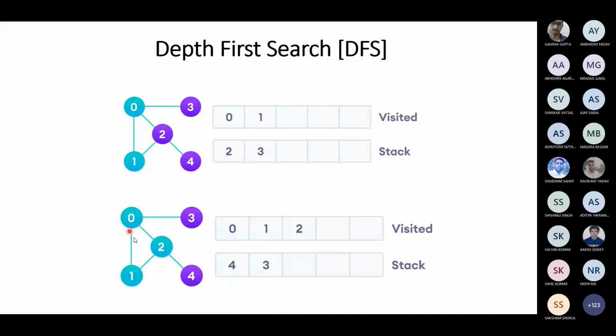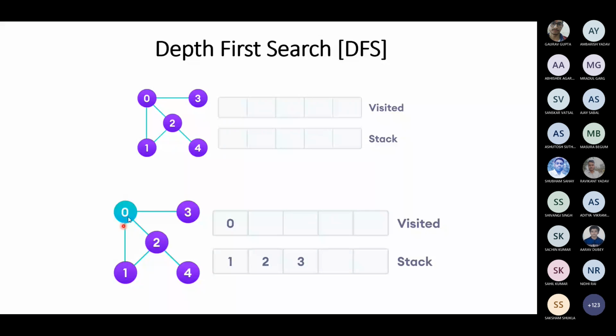Whenever you are visiting a node, you push the node's edges into the stack, and the node you are visiting you write in a visited array. First you visited 0, and 1, 2, 3 you pushed into the stack.